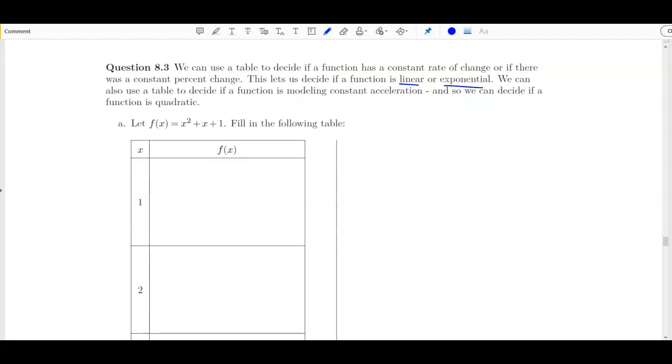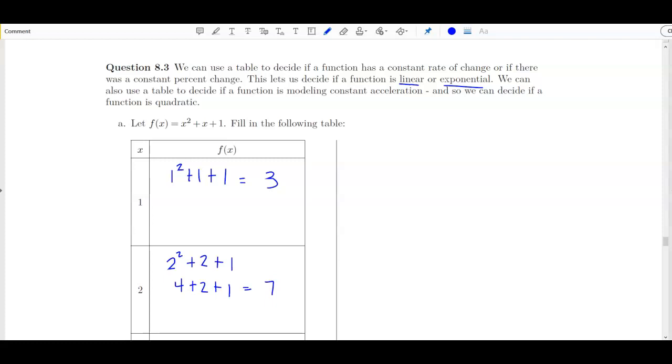To fill in this chart, when we have 1, we put that in place of x there. So 1 squared plus 1 plus 1, that's going to give us 3. Then if I put 2 in place there, 2 squared plus 2 plus 1, that's 4 plus 2 plus 1. So that gives me 7.